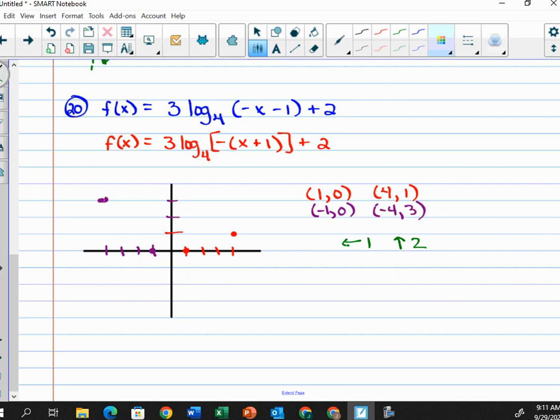Where is my asymptote? Oh, I didn't shift up 2 yet. That's why. My asymptote will go through there. Left 1, up 2. Left 1, up 2. Somewhere over there. And there you go.